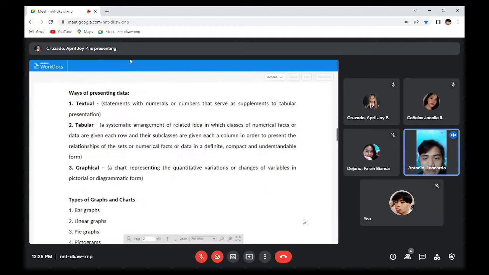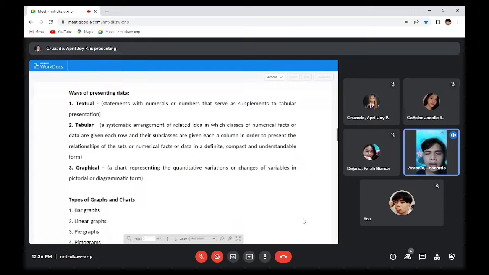Ways of presenting data. So, there are three ways of presenting data. First is textual. Statements with numerals or numbers that serve as supplements to tabular presentation.